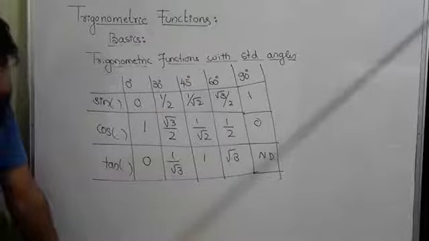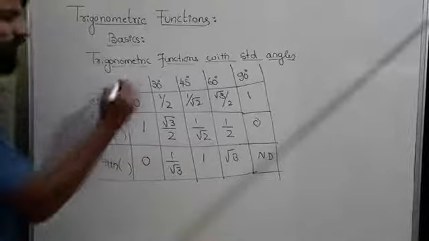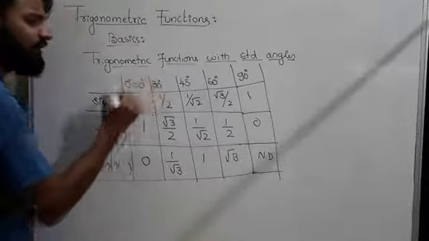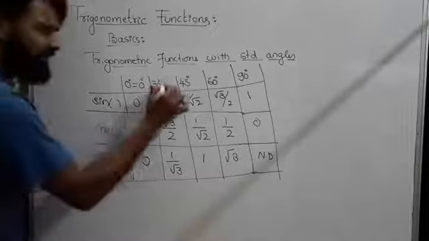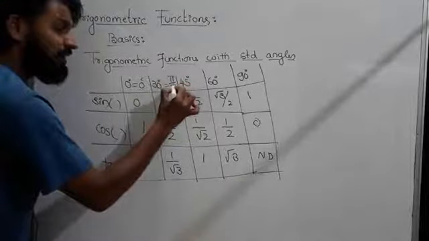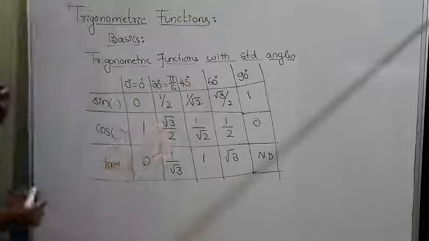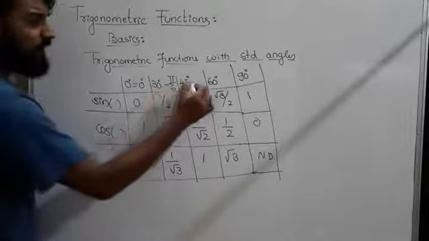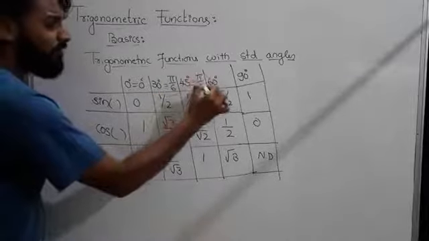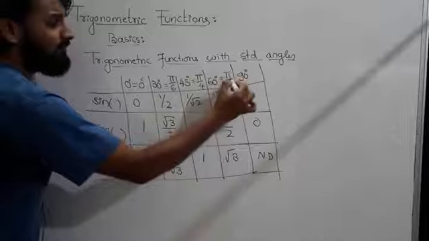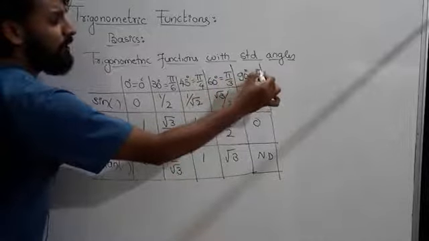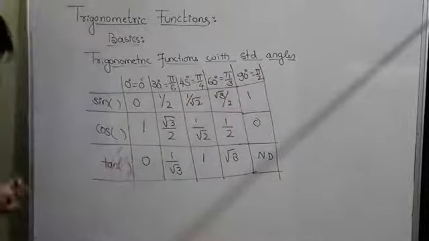Most of the time we will take angles in radian. So remember, 0 degree is 0 radian, 30 degree is pi by 6, 45 is pi by 4, this is pi by 3, and this is pi by 2.